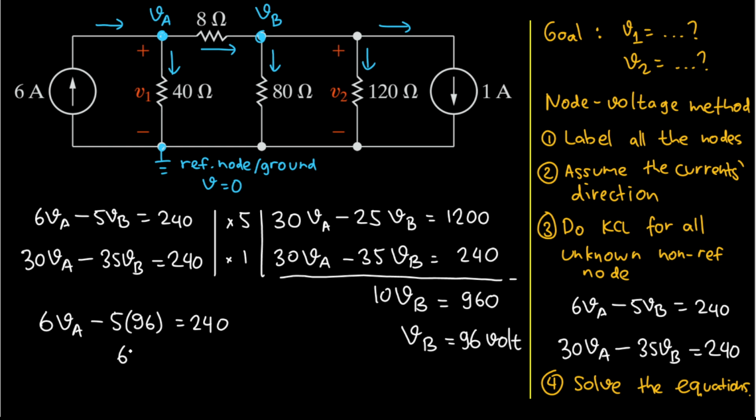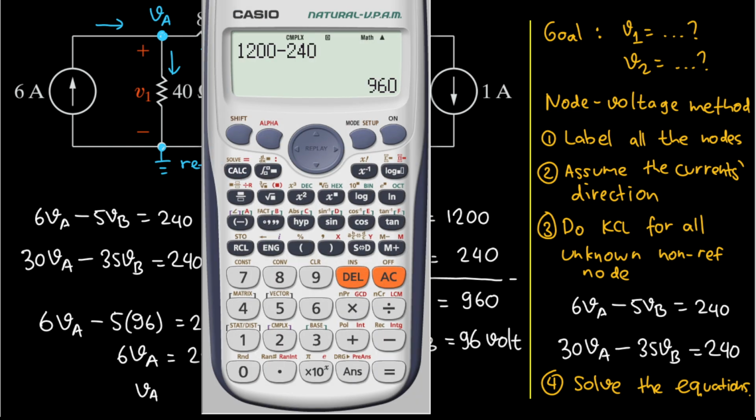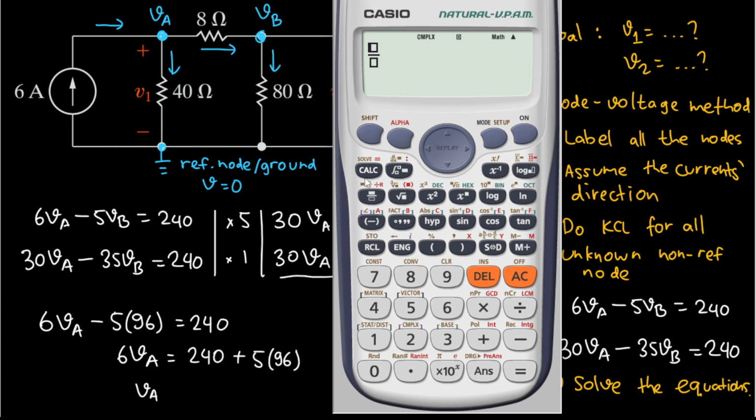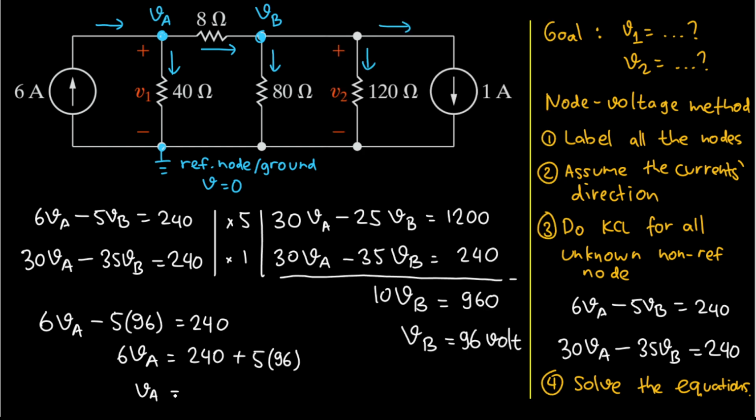So I will have 6 VA is equal to 240 plus 5 multiplied by 96. I think this is the task of our calculator, right? So VA is 240 plus 5 multiplied by 96, divided by 6. And that will be 120.